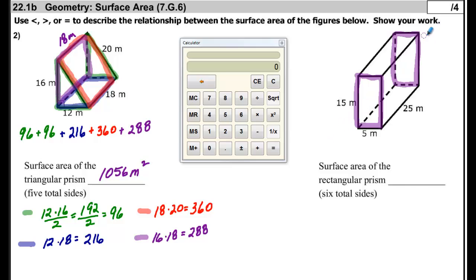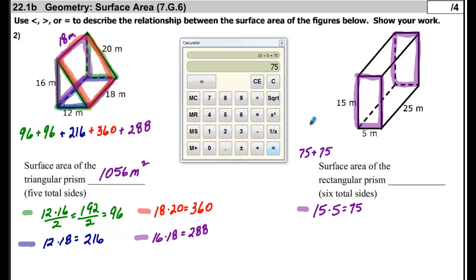So the front and the back. There's our little color swatch. The front and the back are each 15 by 5. So 15 times 5 is 75. We can check that with the calculator. If we make a mistake here, it's going to follow us all the way through the problem. So 75 for the front and 75 for the back.